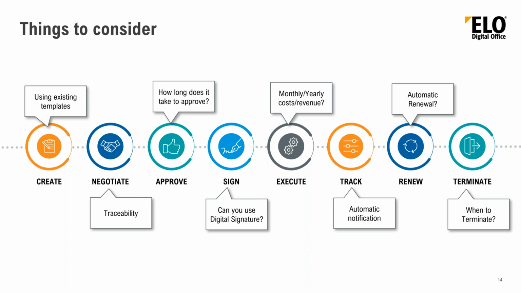Then when it comes to negotiation, then it should be traceable, because why has the contract changed? Who said that we should change the contract? And this is important when it comes to traceability afterwards, when you want to know who has done what with the contract.